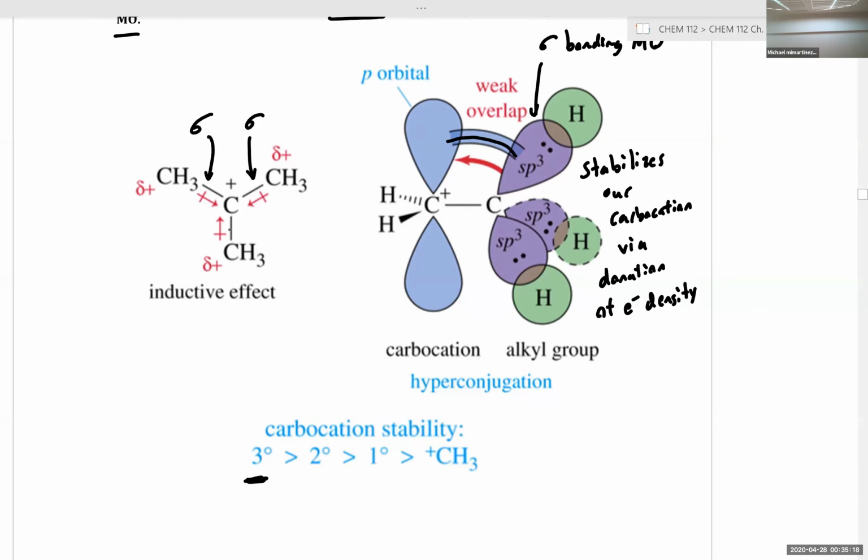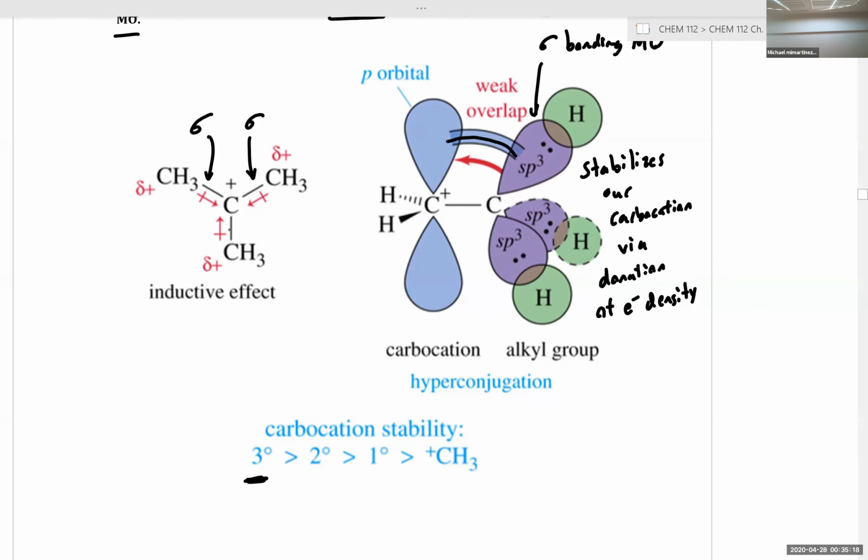So we have our sigma bond between our carbon sp2 and hydrogen 1s. We have a sigma bond between a carbon sp2 and a hydrogen 1s. We have a sigma bond between a carbon sp3 and a carbon sp2.